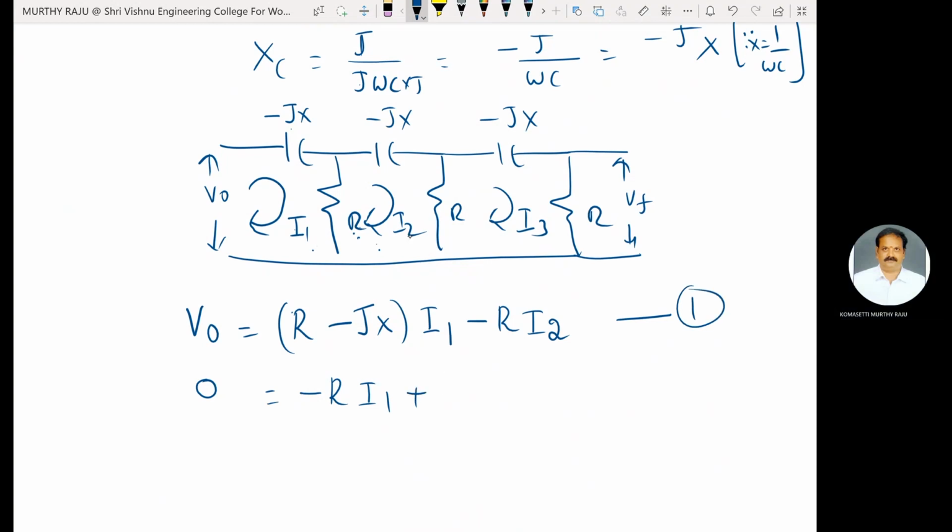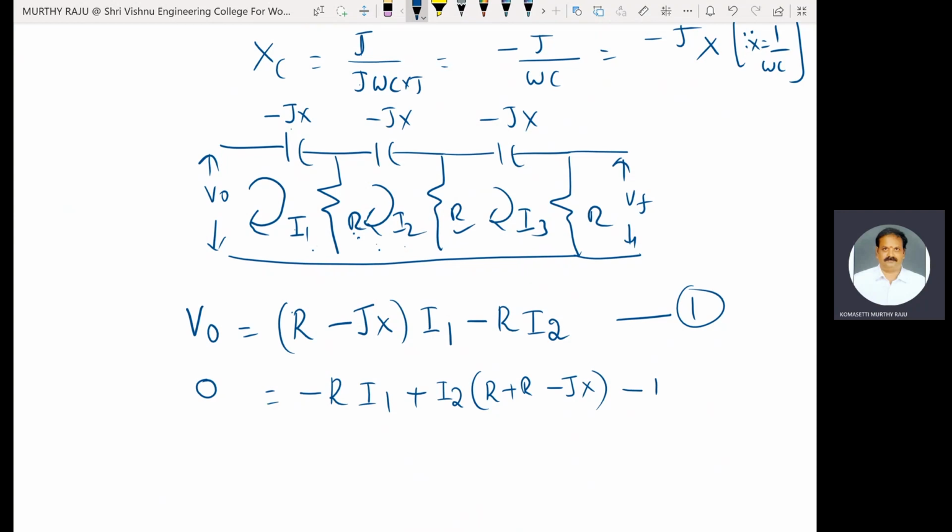Plus second loop current I2 into the sum of these three impedances, R, R, and R minus jX, minus I2 into R, the resistance common to the second and third loops. This is the second equation.